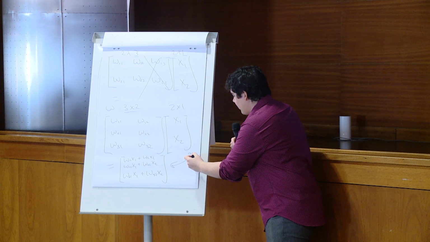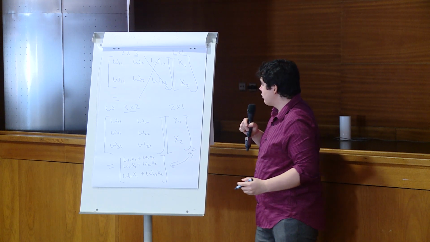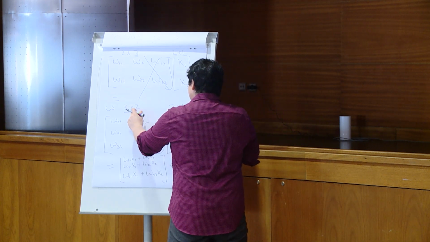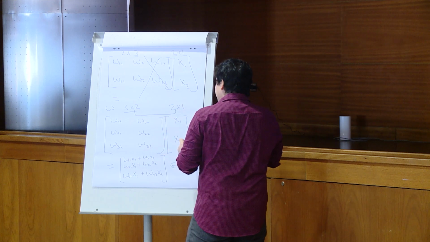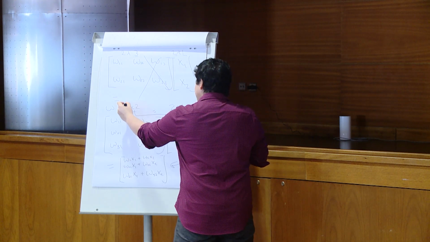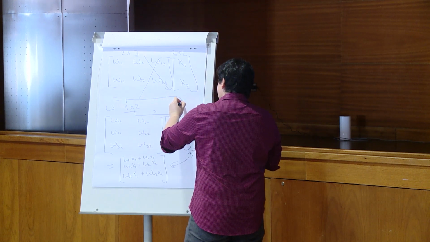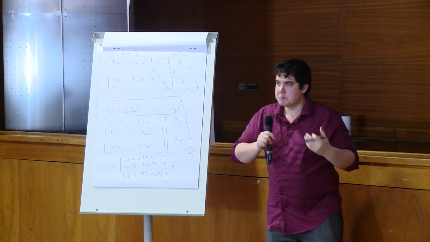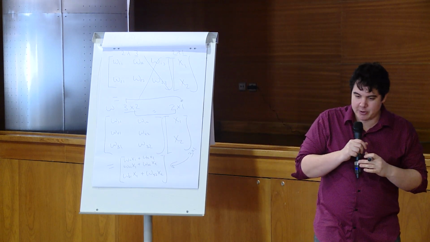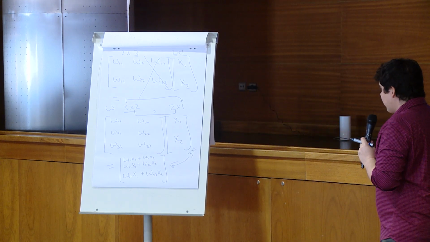There's actually a nice rule for this: if you do a multiplication, these two have to be equal, and then what comes out is going to be this part by this part. So this is your linear algebra, just a quick refresher.